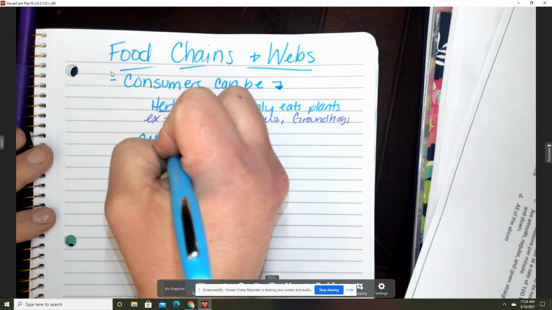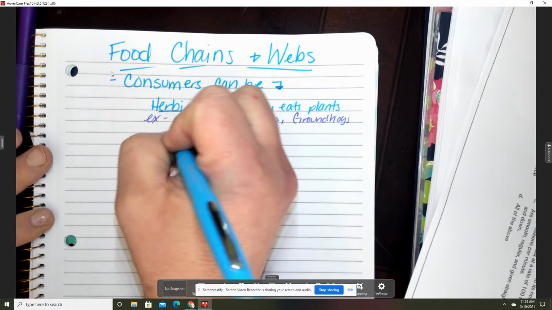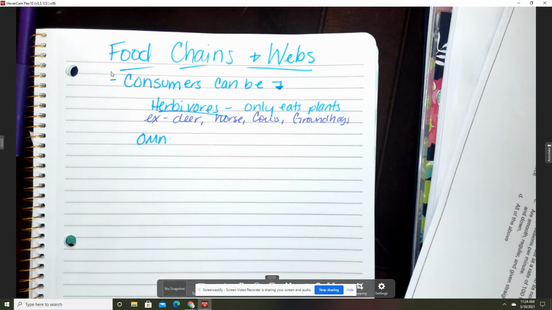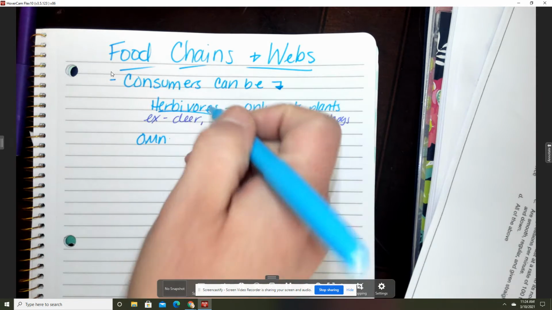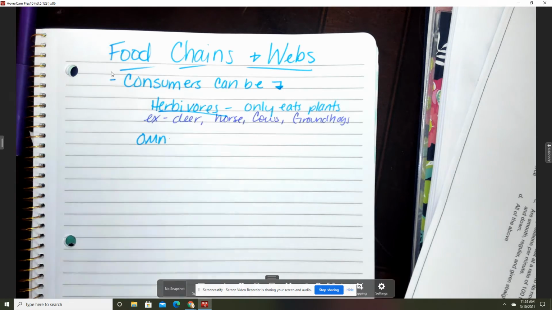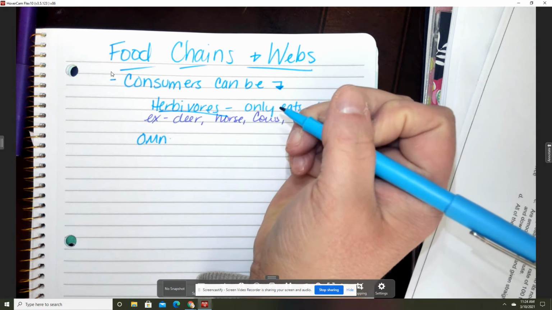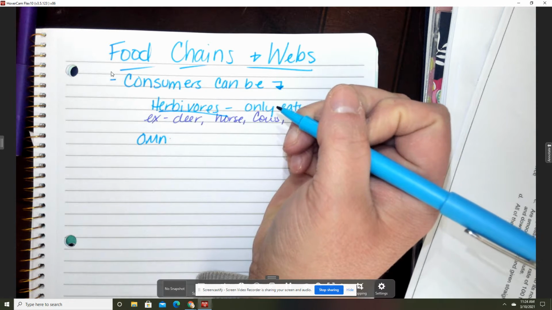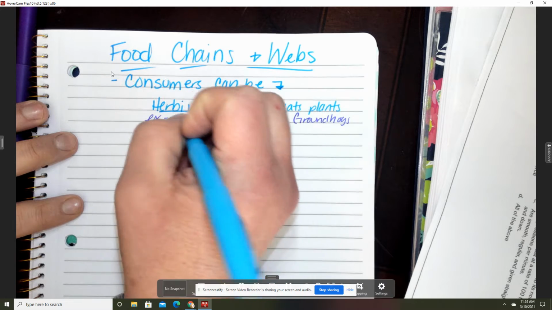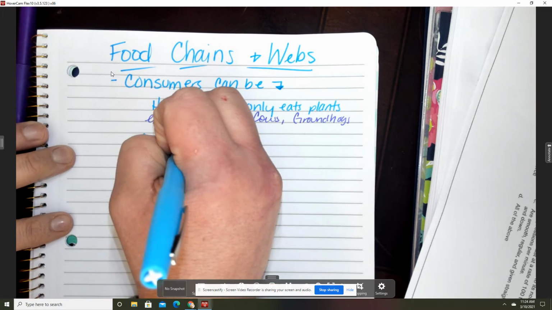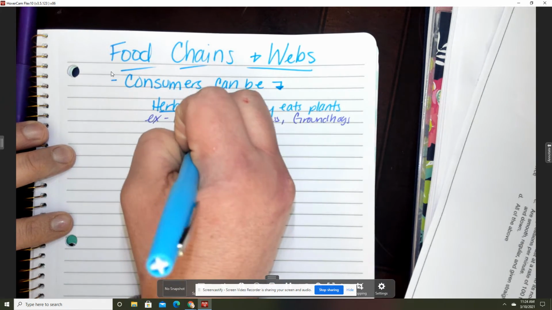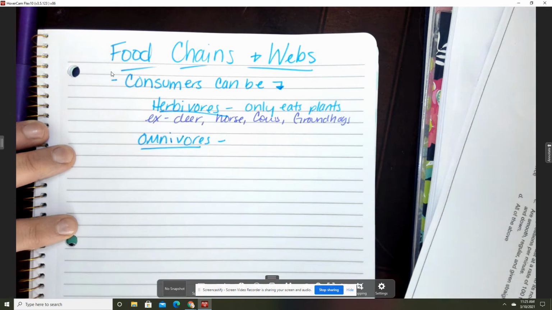And so this doesn't mean that, so like a vegetarian, although they are eating plants, that's not how you can, a vegetarian, these are talking about the way your systems are set up. So a herbivore's digestive system is set up to only be able to digest plants. Okay. Their internal digestive system is set up to digest plants.